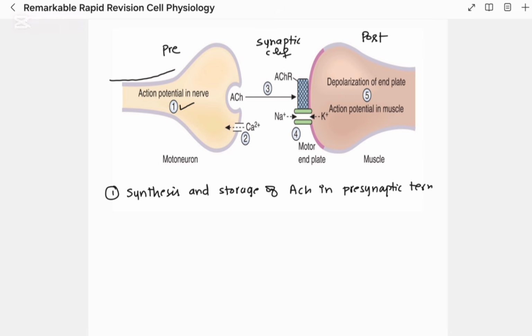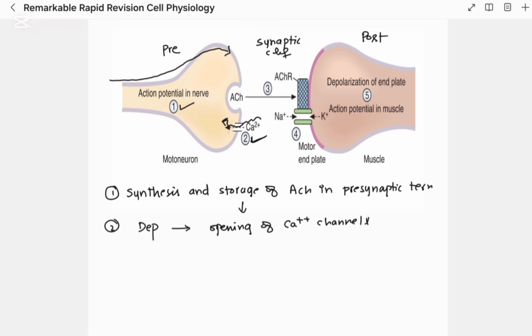There comes the action potential, and when the action potential reaches here, there will be step 2, which is opening of the calcium channels and movement of the calcium inside. So in the second step, there will be depolarization of the presynaptic terminal, leading to opening of the calcium channels.